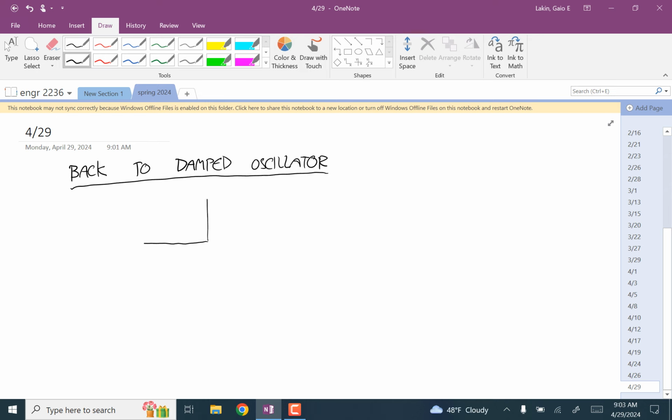This is one where you still have the mass, you still have the spring, but now you also have a dash pot, a viscous damper, and that is a constant C. And it led to the differential equation x double dot plus C over m times x dot plus k over m times x is equal to 0. So that's the governing differential equation.